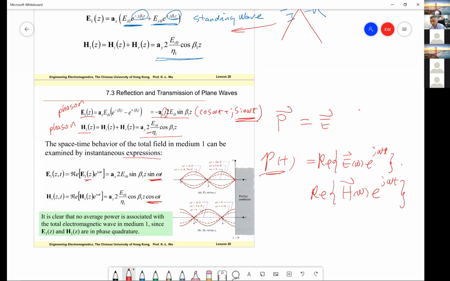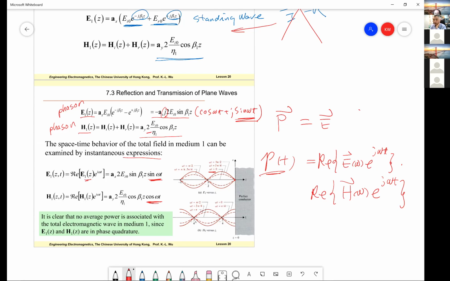So if we fix a time omega t, let's take a snapshot at a different t or different omega t. If your omega t equals 0, this is always 0, so the magnitude changes, at a certain time instant, omega t equal to 0.